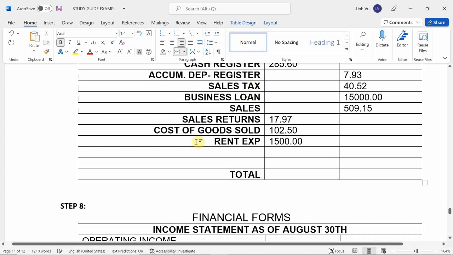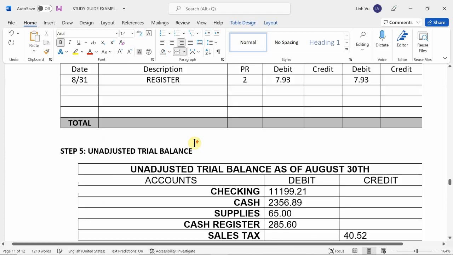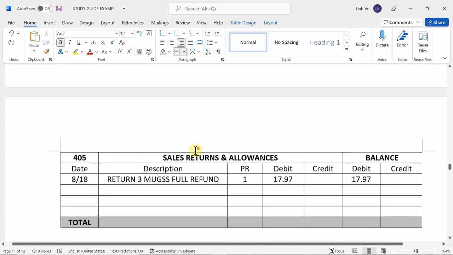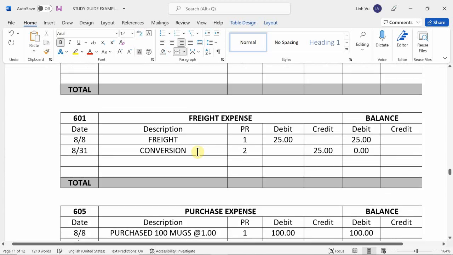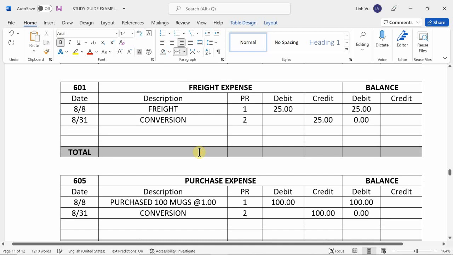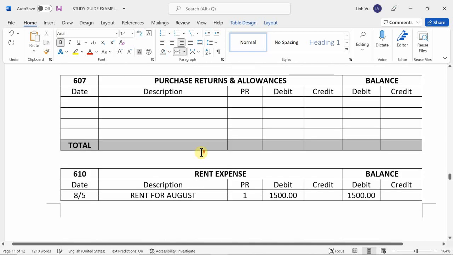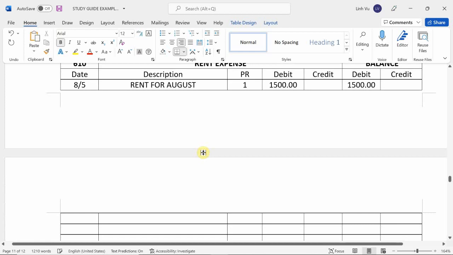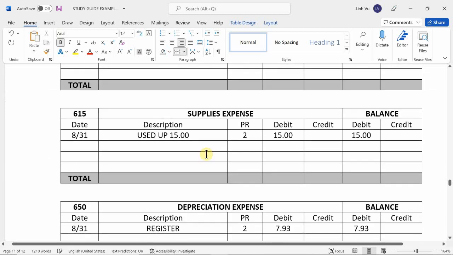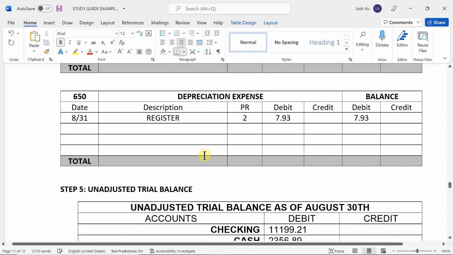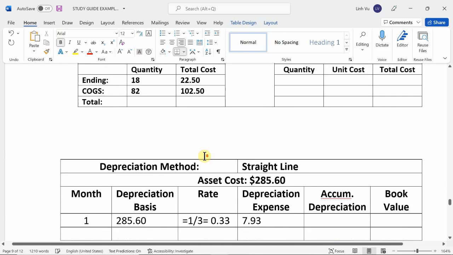So cost of goods sold, right? Purchase expense and freight expense were deleted. So we got sales, sales returns, cost of goods sold for 102.50. Purchase returns and allowance, there's nothing there. Rent expense is still 1,500, and then we have supplies expense for 15 and depreciation expense for $7.93.